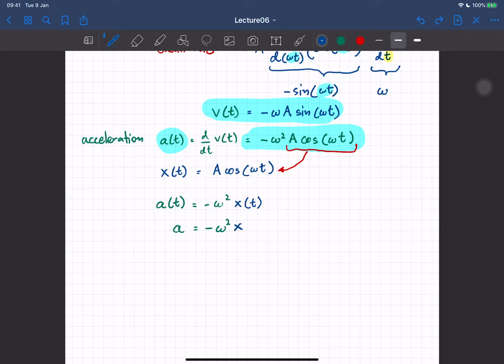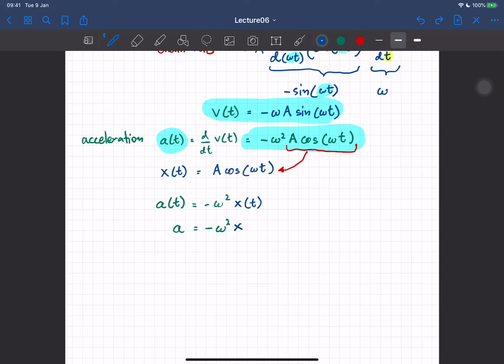Okay, so for some of you who are a little bit observant, you probably remember that we saw something very similar earlier when we talked about Hooke's law for spring. Okay, so we're going to do that very soon.